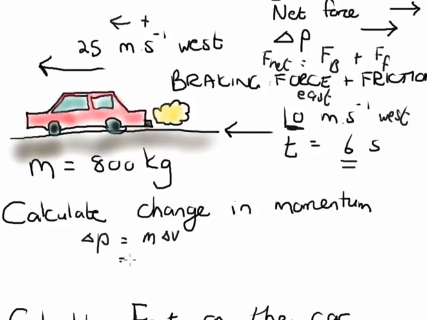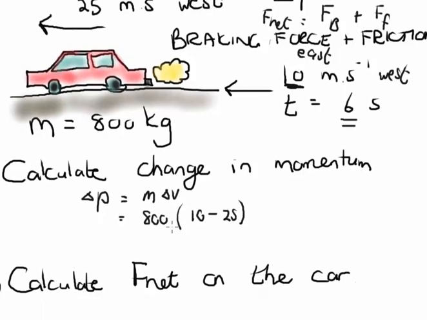The mass is already in the SI unit, kilograms, 800, multiplied by the change in V, which is the final velocity minus the initial velocity. So my final velocity was 10 meters per second, I subtract my initial velocity of 25 meters per second. So I end up with 800 multiplied by 10 minus 25, which is 800 multiplied by negative 15. And this is going to give you an answer of negative 12,000.